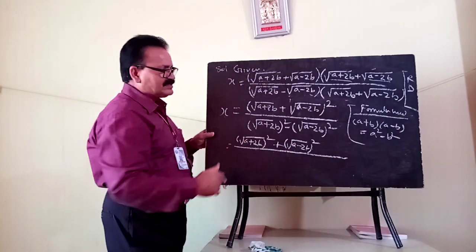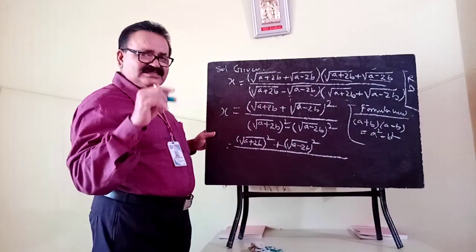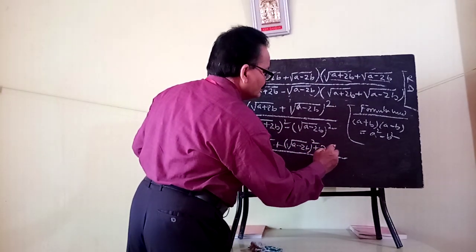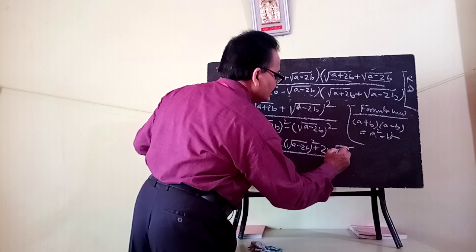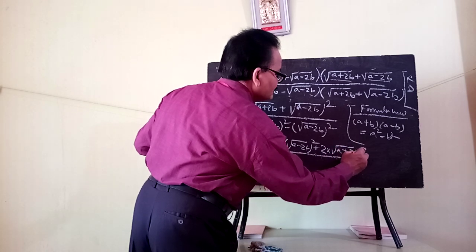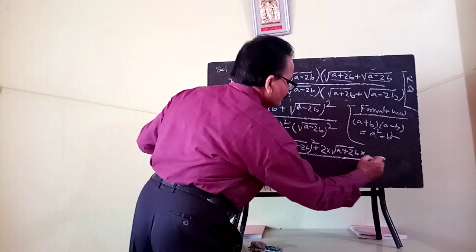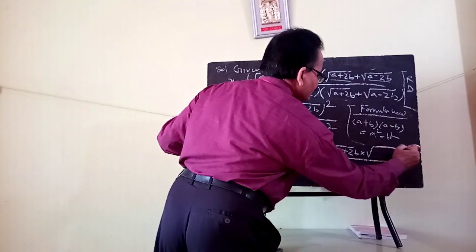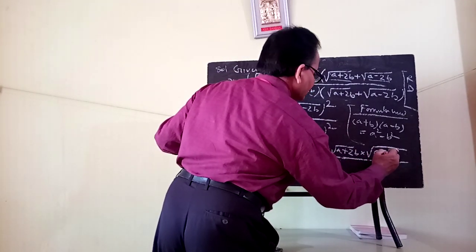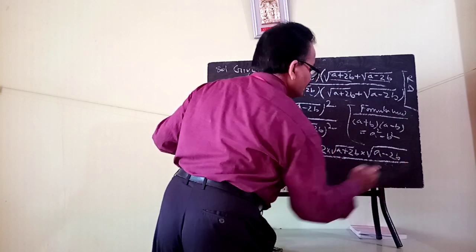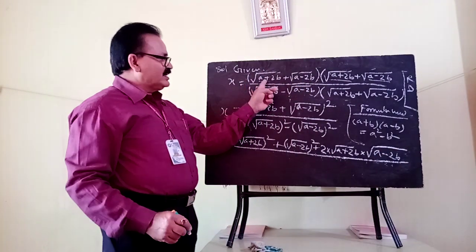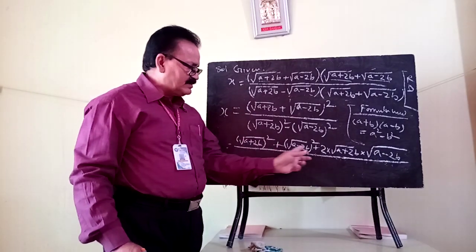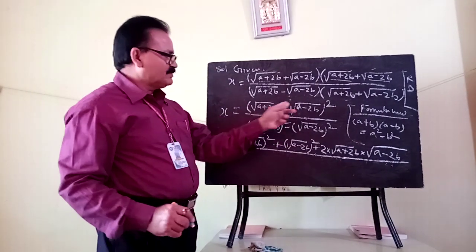So a square plus b square. Now plus 2ab, plus 2 into square root of a plus 2b into square root of a minus 2b. This is your a together and this is your b. So a square plus b square plus 2ab is a plus b whole square.